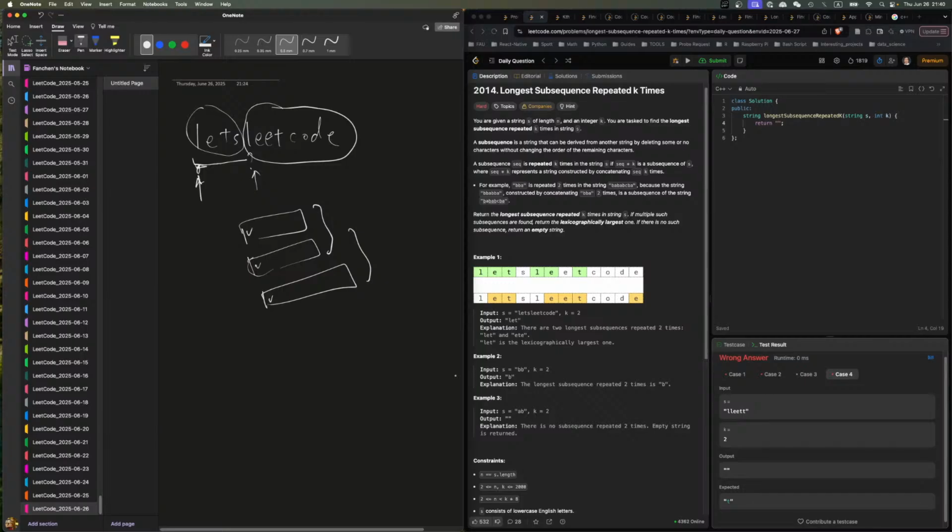For example, we do the longest common subsequence of the first two. Well, you can have a lot of different options, right?